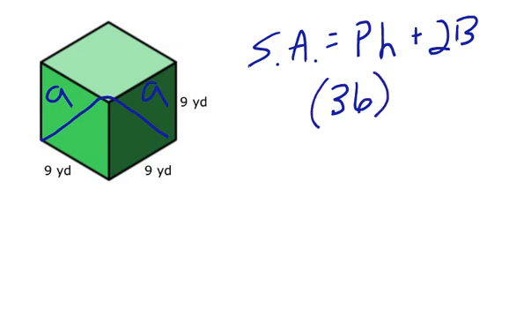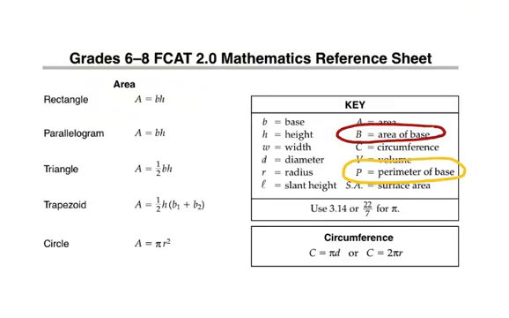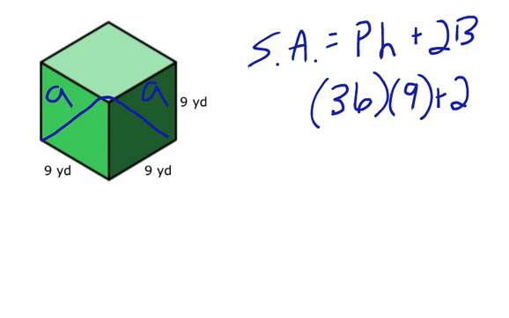And then the height of the prism is 9. And plus your 2, and then the area of the base, and this is a square, and if you look back on our reference sheet, the square formula, which you should all know, is a rectangle, so that is just base times height. So 9 times 9, which is 81.